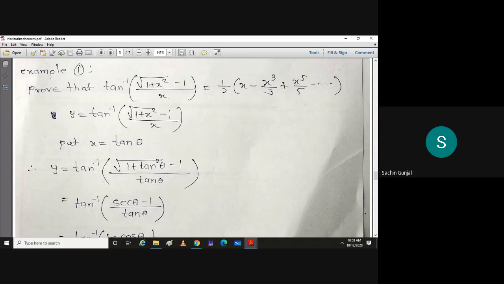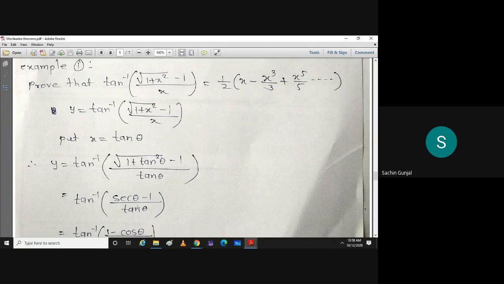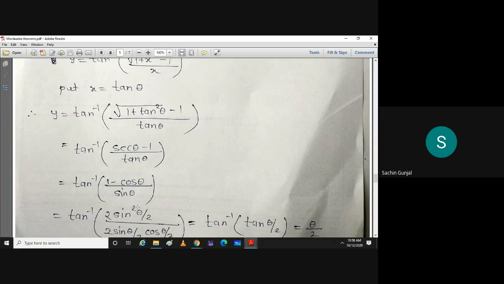If you substitute x is equal to tan theta, you will have 1 plus tan square theta, which is sec square theta, under root it will become sec theta, so sec theta minus 1 upon tan theta. If you simplify this, sec theta is nothing but 1 upon cos theta. So the numerator will be 1 minus cos theta and the denominator is sin theta, so that cos theta gets cancelled.